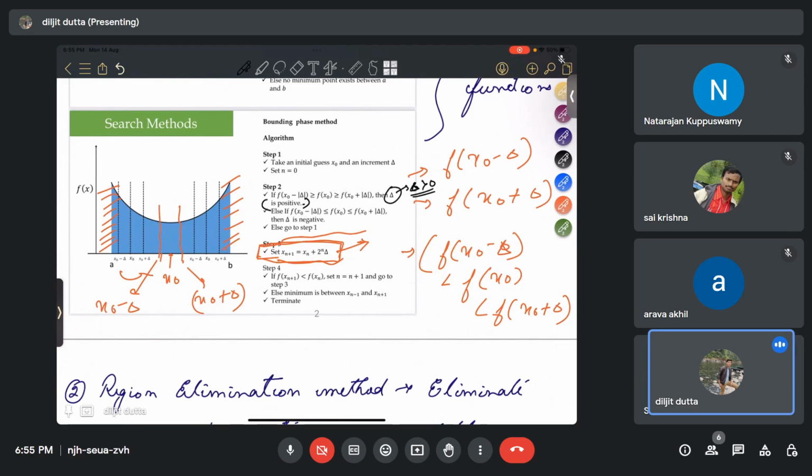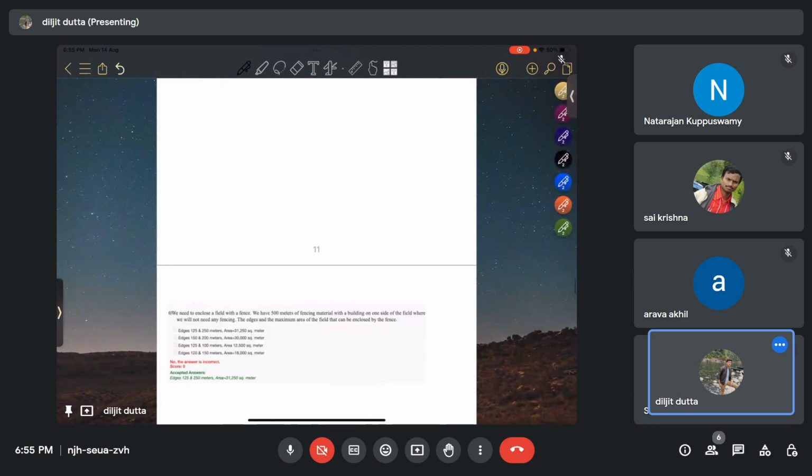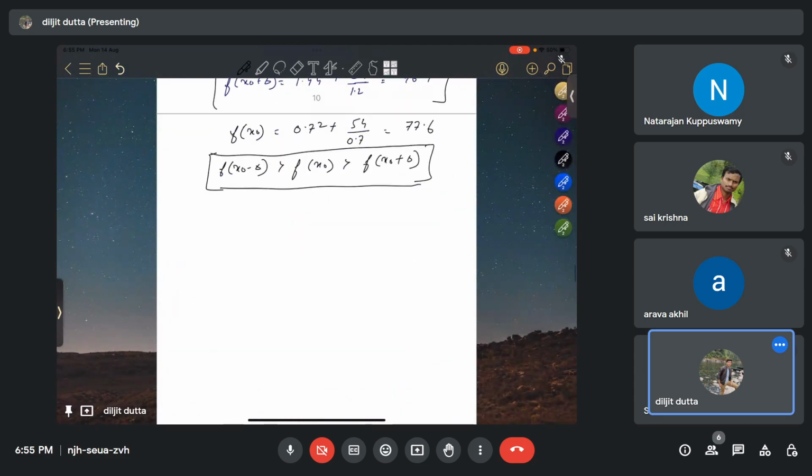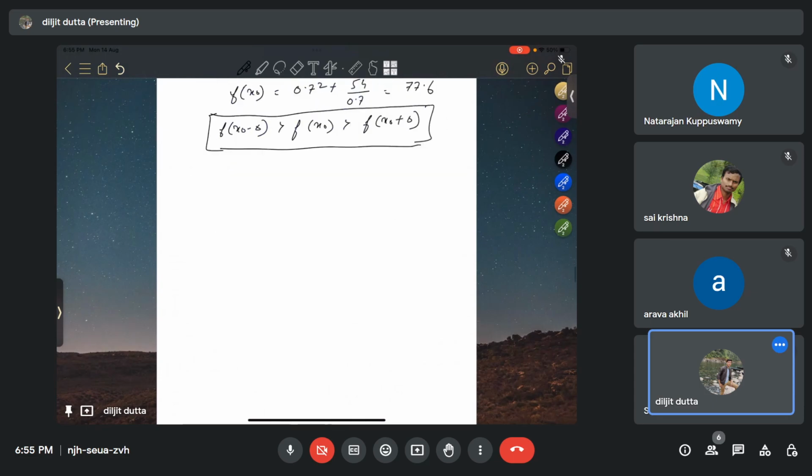Now the second point will be x n plus 1 equal to x n plus 2 to the power n of delta. So this implies delta is plus 0.5.